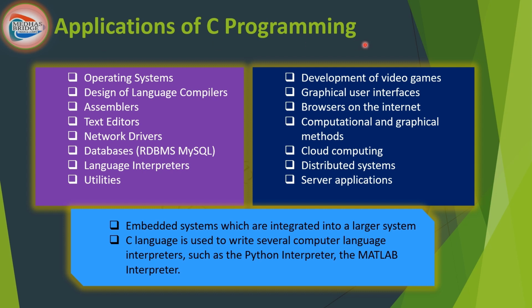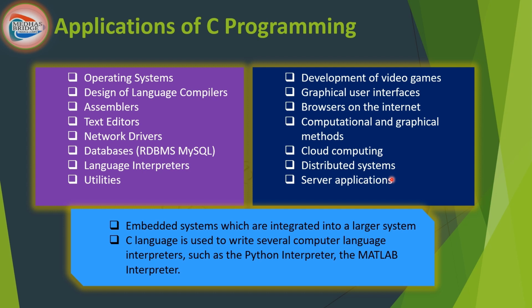Applications of C programming. C is used to develop operating systems, design language compilers, assemblers, text editors, network drivers, databases like RDBMS and MySQL, language interpreters, utilities, development of video games, graphical user interfaces, browsers on the internet, computational methods, graphical methods, cloud computing, distributed systems, and server applications.